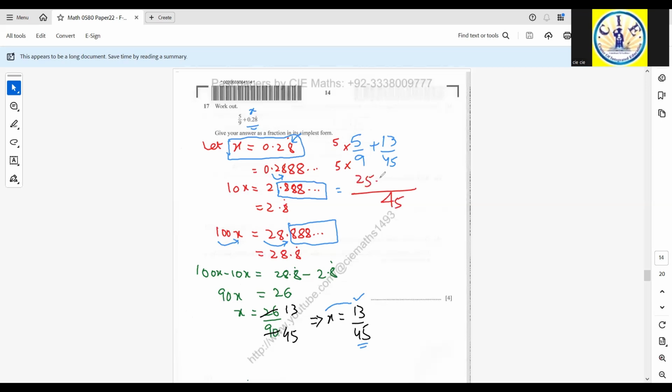So that 25 plus 13, that is 38 divided by 45. That is the answer to question number 17.